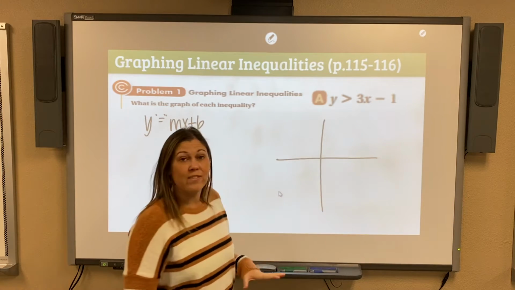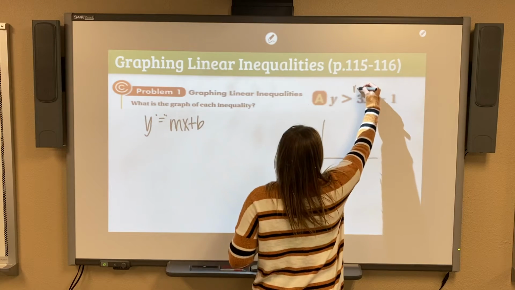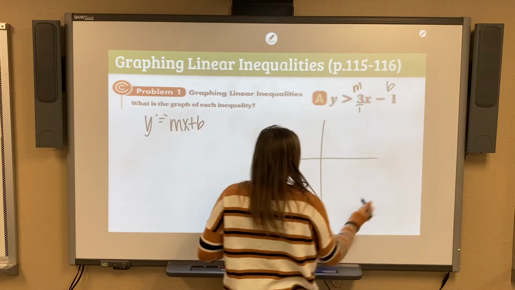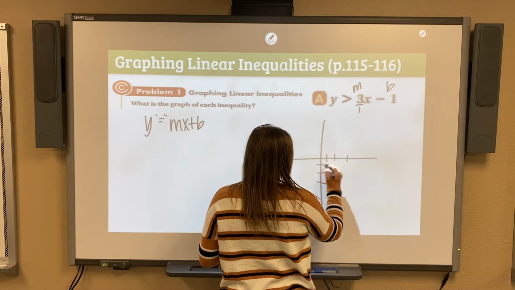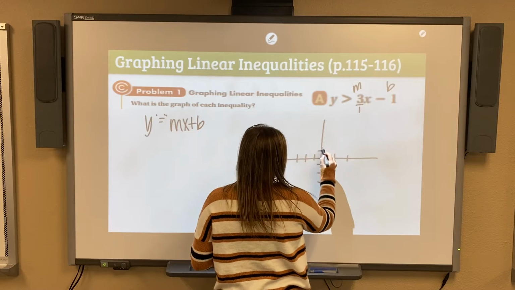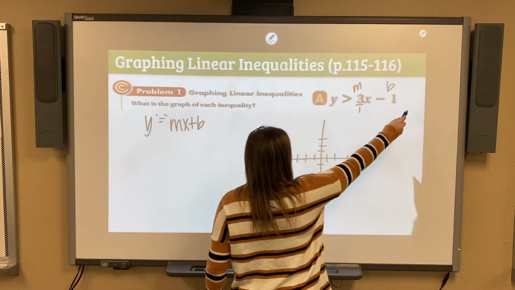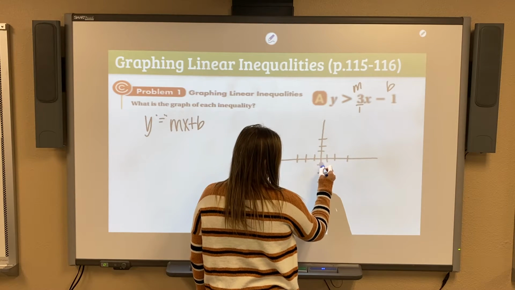We're going to graph this like a normal line, with slope and y-intercept. This is your slope, your m, 3 over 1. This is your y-intercept, your b, your starting point. I'm going to try to make this as neat as possible. We always start with our y-intercept at -1, right down here.